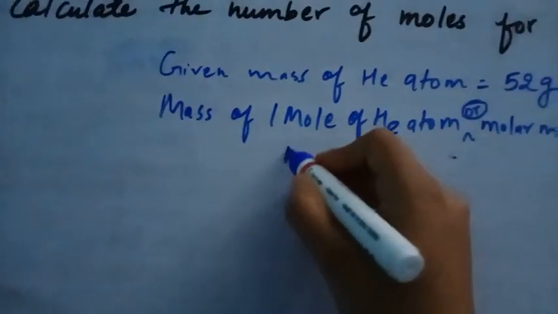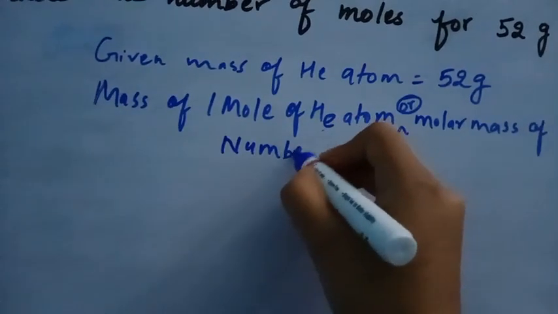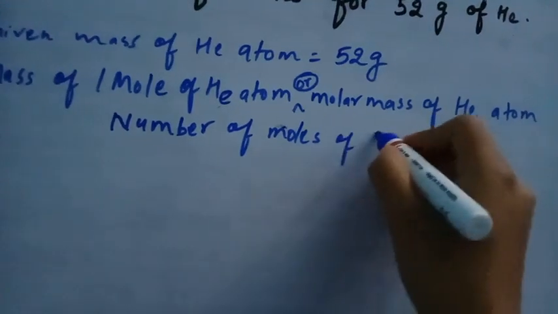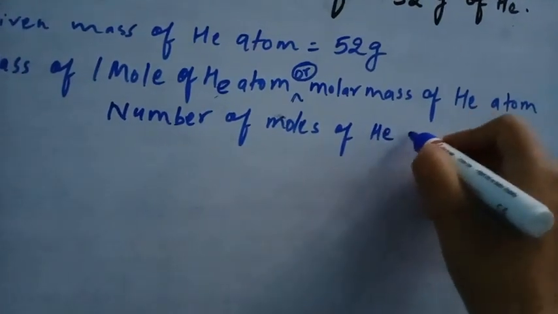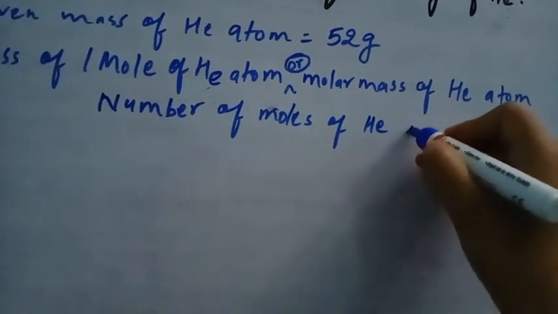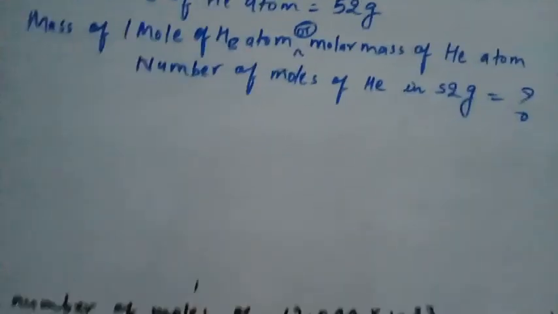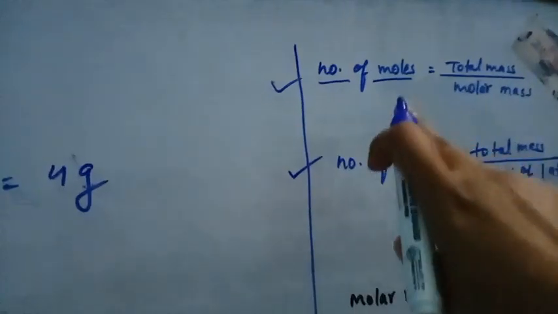Now what we have to find out is the number of moles of helium in 52 gram. By using this formula we can solve it.